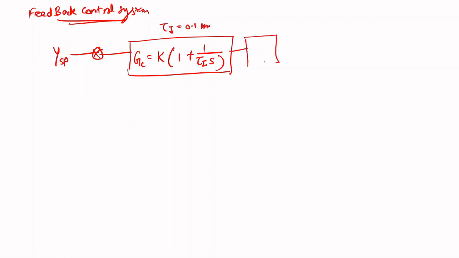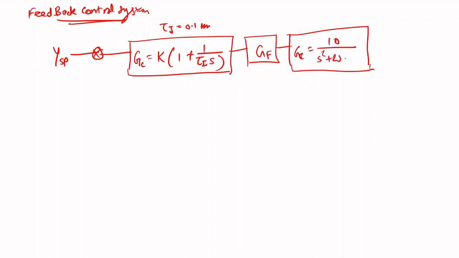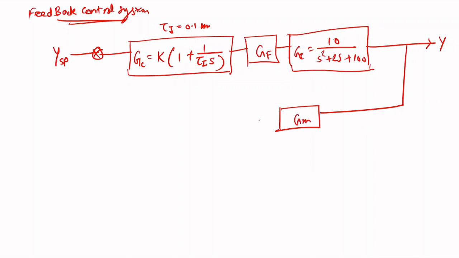Then we will be having a final control element GF, the process transfer function Gp equal to 10 upon S square plus 2S plus 100, and then we'll be taking the output Y. Again, we'll be measuring it using the measuring element GM and passing it to the system over here.